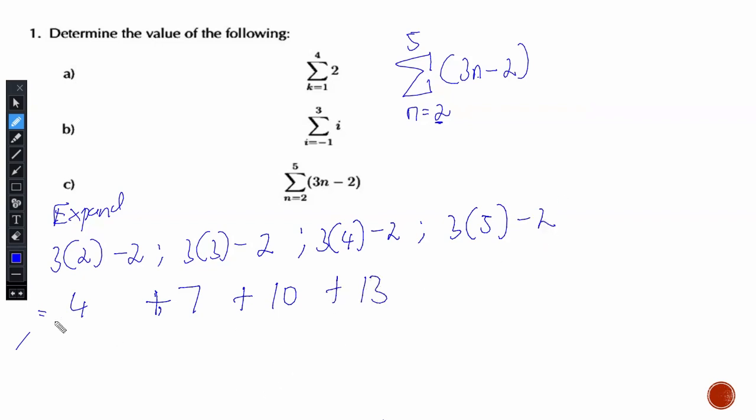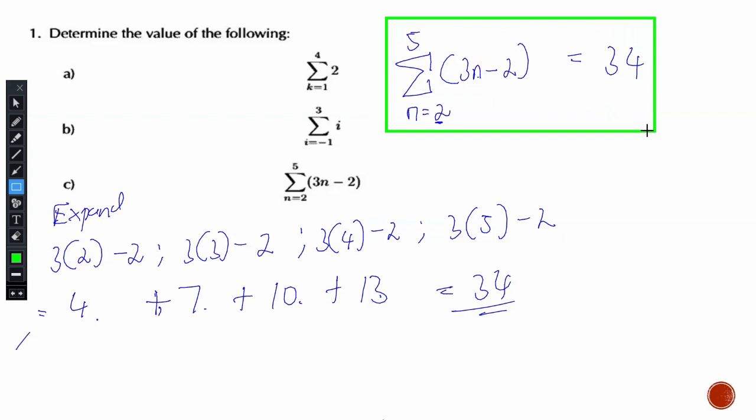So now what do we do? We simply add all of this. So 4 plus 7 plus 10 plus 13, and then we're going to get 34. So that means we have to write this one as equal to 34. And then that's our answer right there.